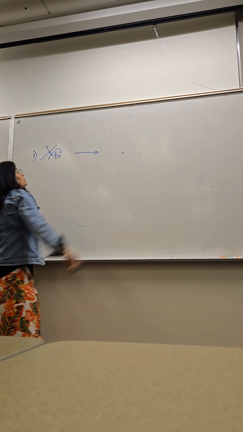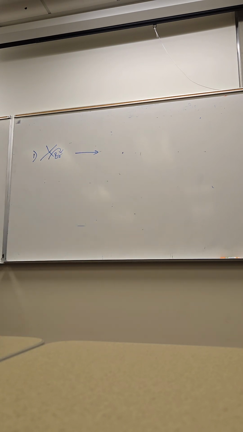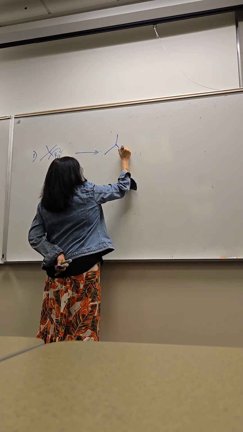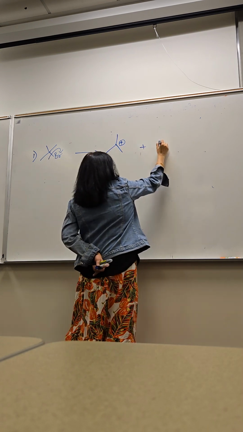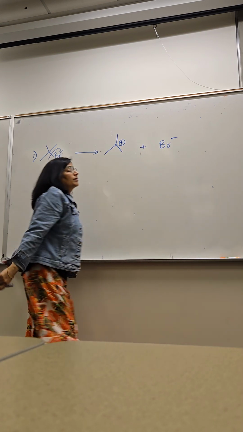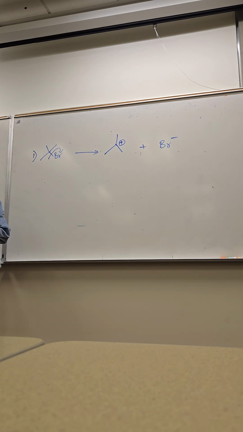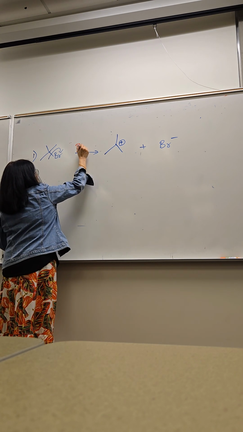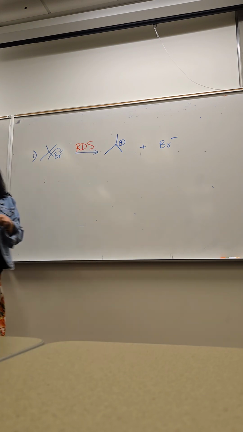Can someone tell me what that would create? A carbocation, with a plus charge, and the leaving group as an anion. The formation of the carbocation is the rate determining step.